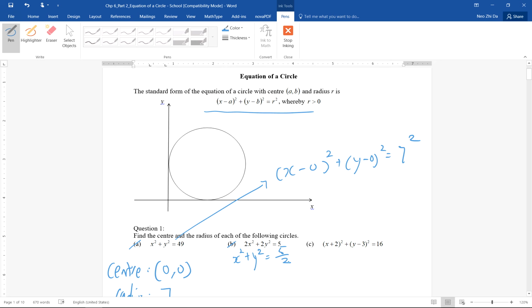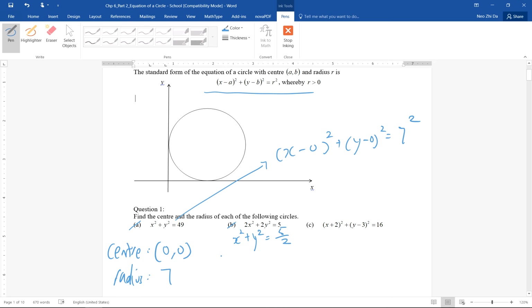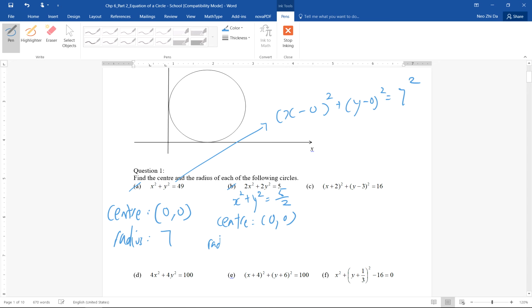Your center is obviously 0, 0. Your radius is just the square root of 5 over 2, which is the same as square root 5 over square root 2. Can you leave your answer with a denominator that is a surd? You can't. So perform rationalization.